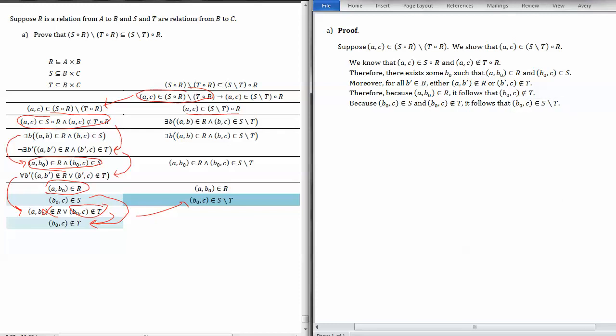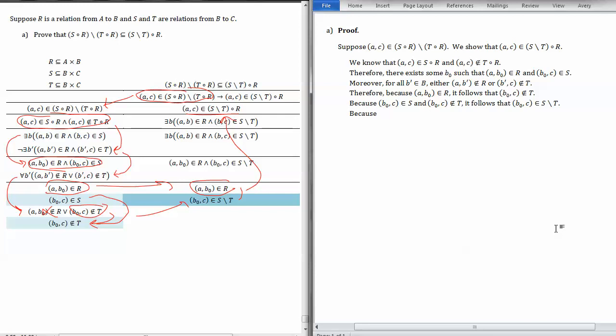And what was our goal up here? It was that AC is in this composition. Okay, so we should say how we're going to get from this, and then this goal, which we already mentioned in our proof. Don't have to say that again. We should just mention that this does get us up to our goal. Okay, in case our reader doesn't notice that yet.